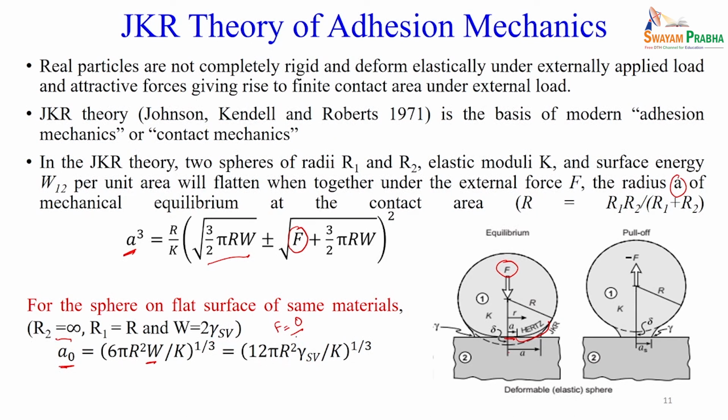So it will be 12 pi R square gamma solid vapor upon K. In this way, if you consider the two spheres, we should be able to know this contact length A. The same expression can also be used if you consider R2 as infinite, meaning we are considering one sphere as a flat surface.